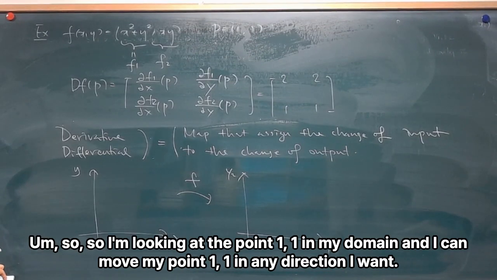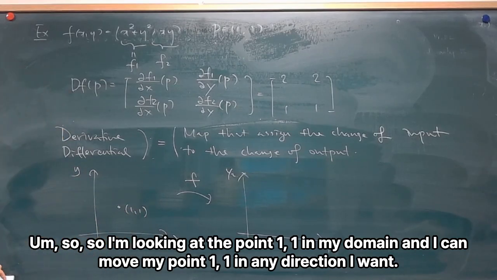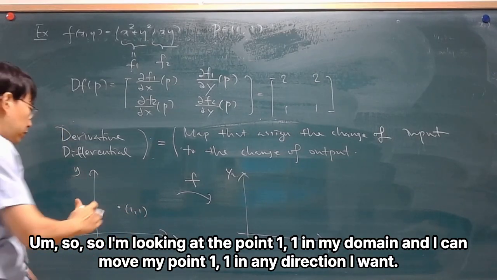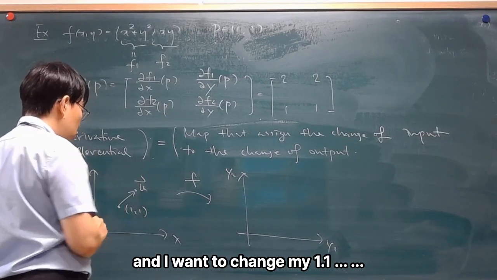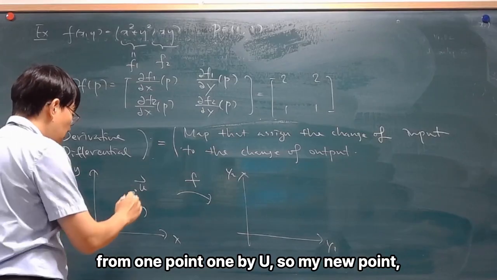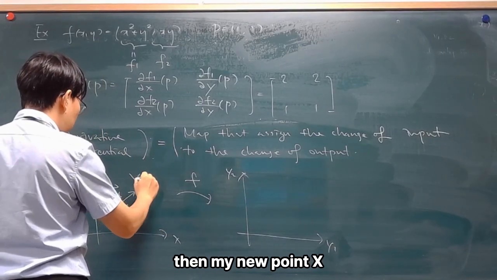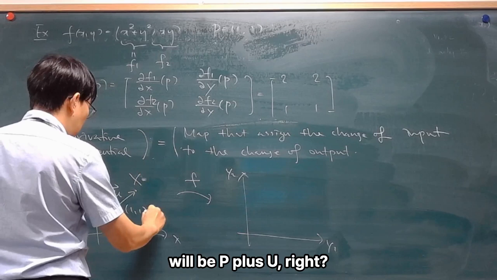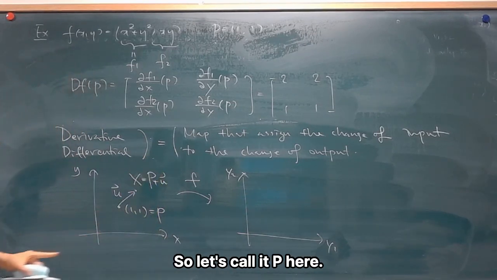I'm looking at the point (1, 1) in my domain, and I can move my point in any direction I want. For example, I take a vector u and change my point (1, 1) by u. So my new point x will be p plus u.